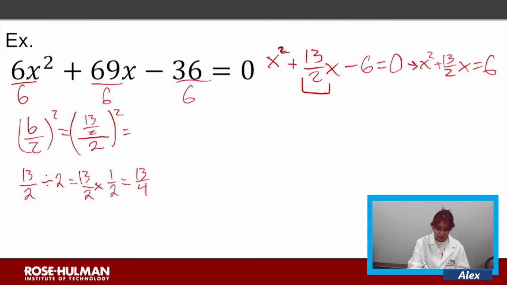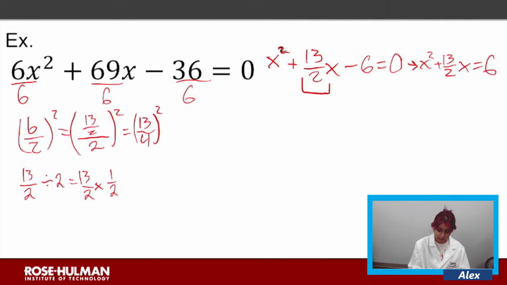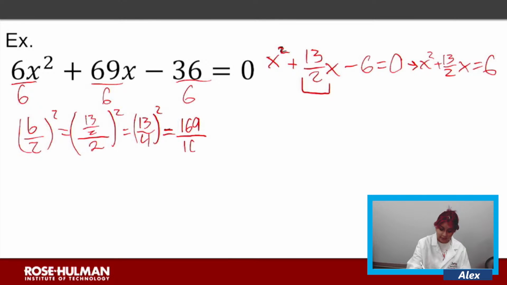So our new inside is 13 over 4 squared. Let me double check really quickly what 13 squared is, and we see that we get 169 over 16 as our b over 2 squared.